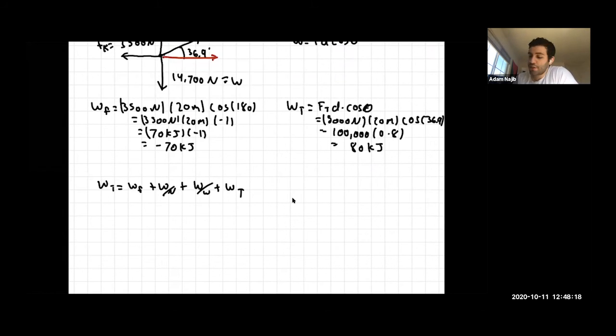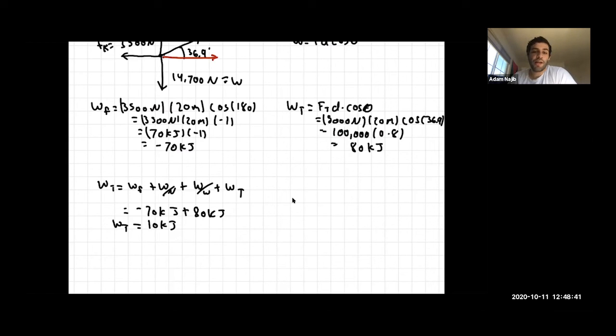And then the work due to friction is negative 70 kilojoules, I'm sorry. And then the work due to tension is 80 kilojoules. So we can tell now that the total work done is 10 kilojoules. Okay, so that's one method of doing it, just add up all the values of work.